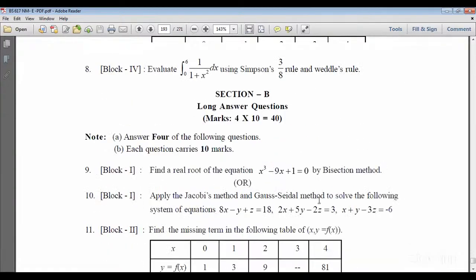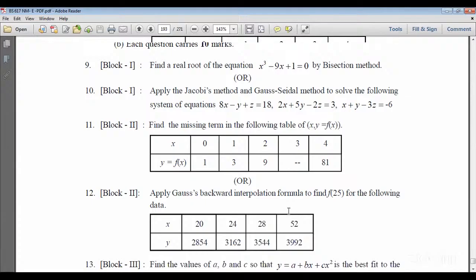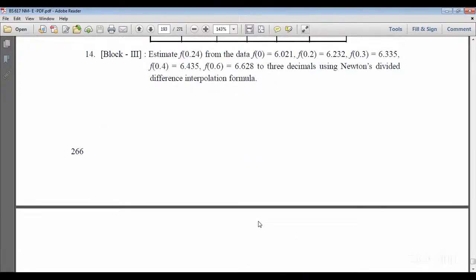But in the second part, from block 1 you have to do one question mandatorily: 2 questions are given. Likewise for block 2, block 3, block 4, they are given 10 marks. In block 3, in total we are given 2 questions, 13 and 14, the 20 marks question; you have to write any one question.